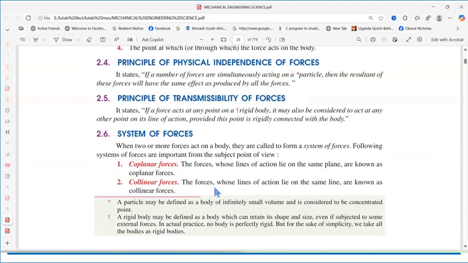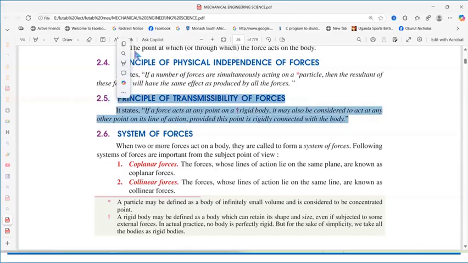So we will also talk about the principle of transmissibility of forces.